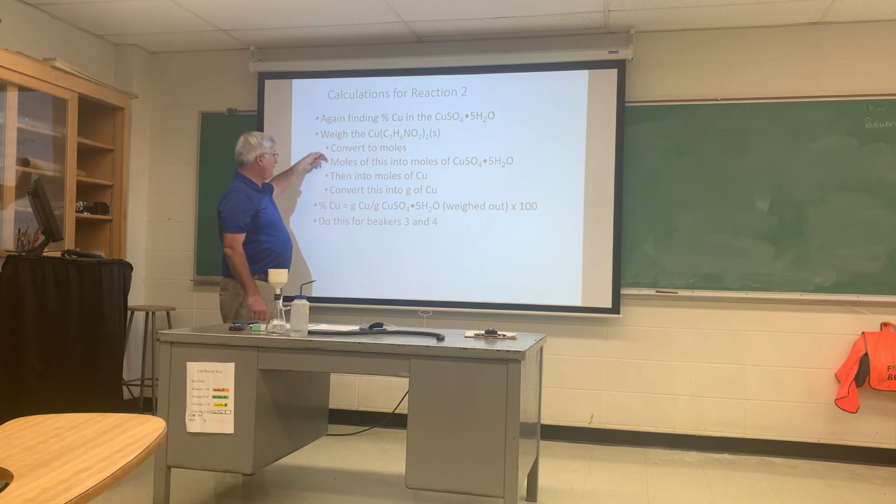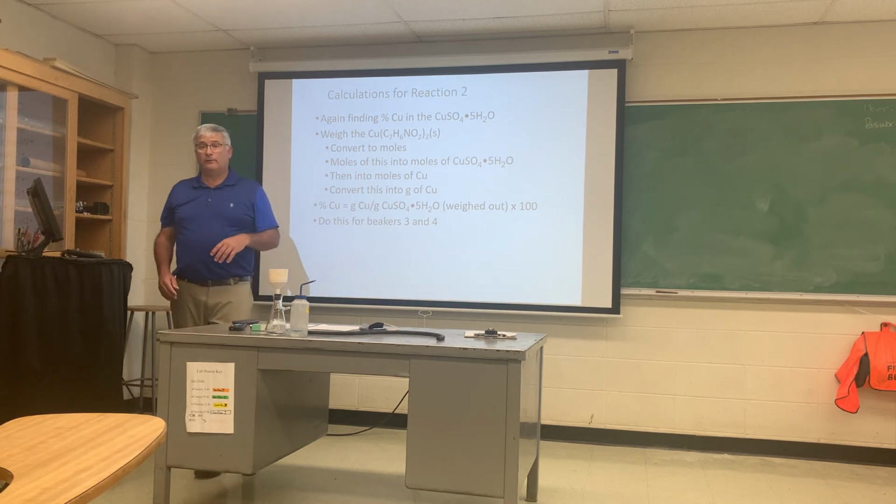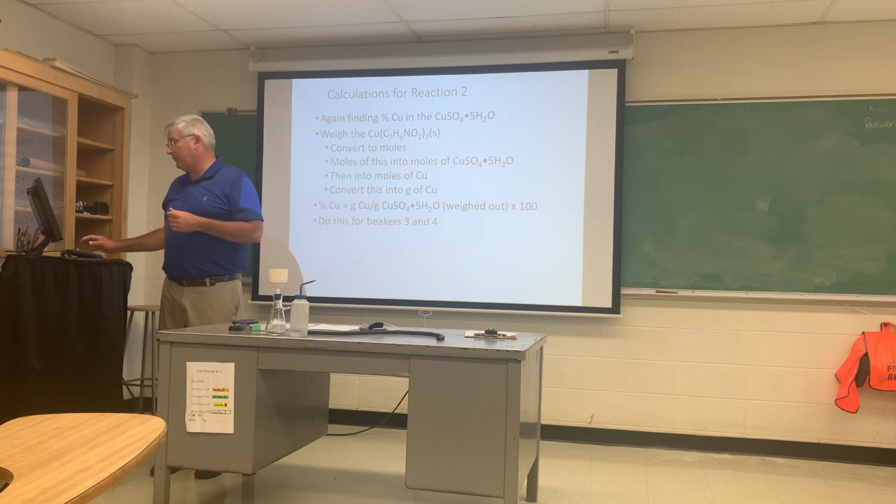We're going to convert the moles of the copper salicylidoxine to moles of copper sulfate pentahydrate, then moles of copper. From that we can get grams of copper, and so then you can find the percent copper in your analyte by grams of copper divided by the grams of copper sulfate pentahydrate that you weighed out. Multiply that times 100, and that will give you the percentage of copper in that.